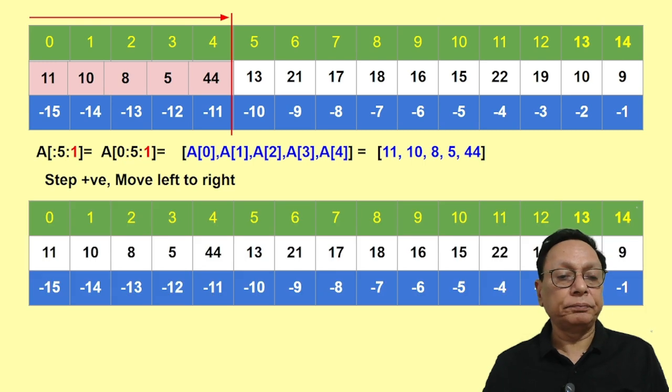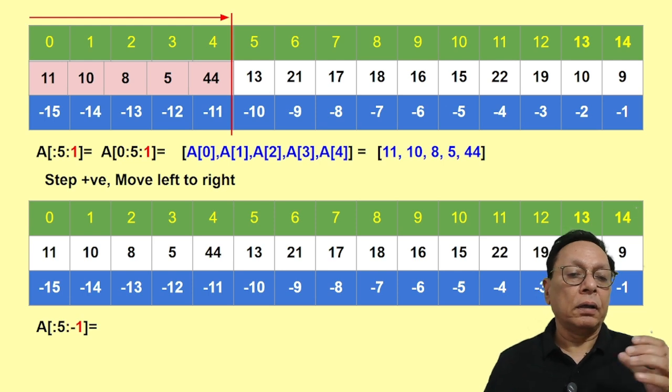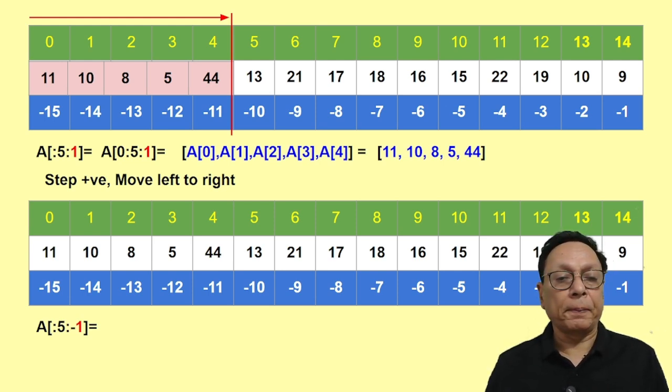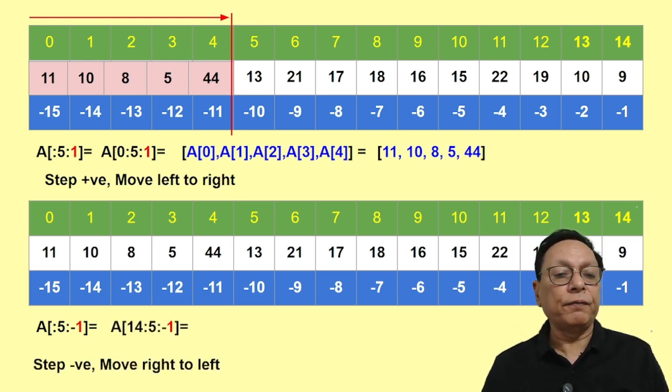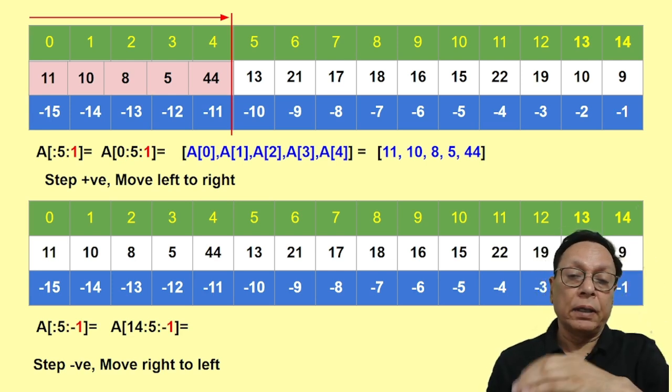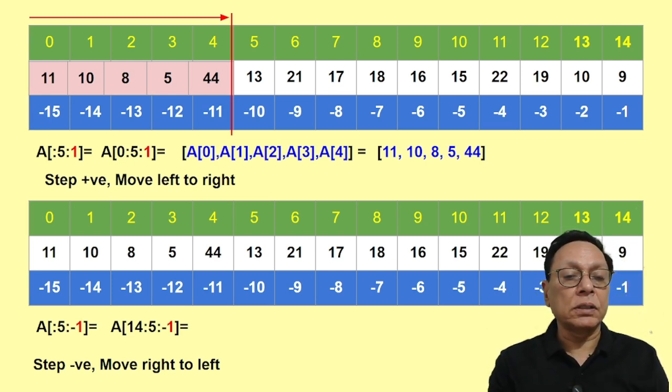Next example. Here still the start is missing and the end is 5. So we are moving right to left. Okay, so this would be 14, 5, and -1, because we move towards the start.